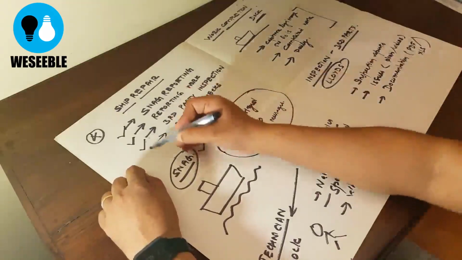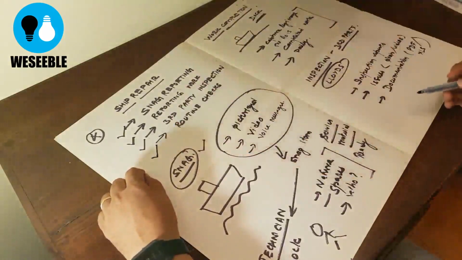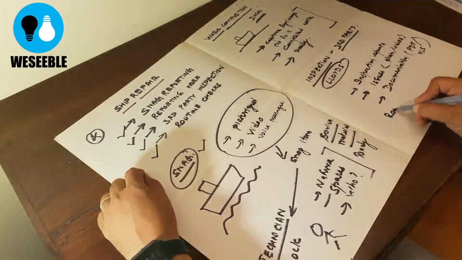The last and final place where Weseeble finds an application is routine checks.